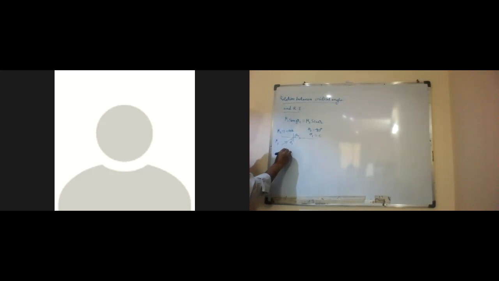So mu sin C is equal to 1 times sin 90. Sin 90 value is 1. So mu sin C is equal to 1, so mu is equal to 1 by sin C. This is the relation between the critical angle and refractive index. This is very important.